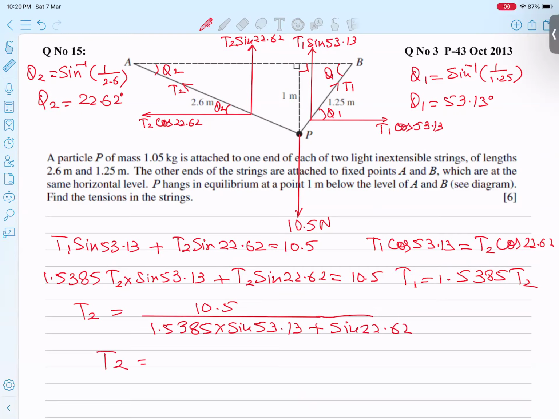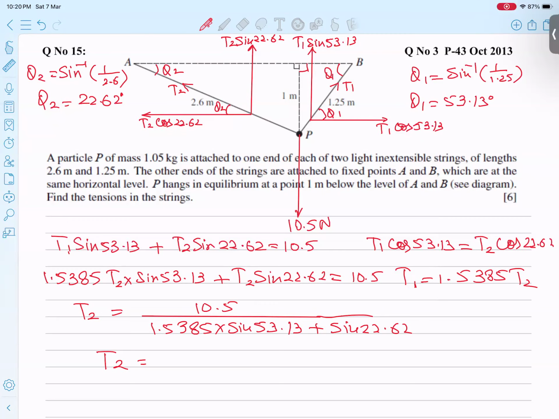So I'm typing in my calculator 1.5385 times sine 53.13 plus sine of 22.62. Let me check once again. Okay, sine 53.13, just for confirmation.